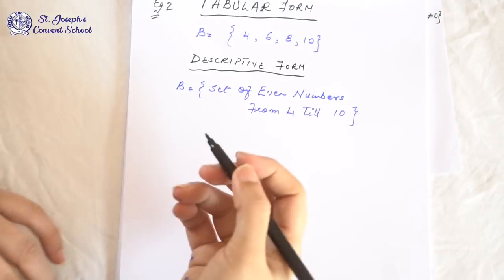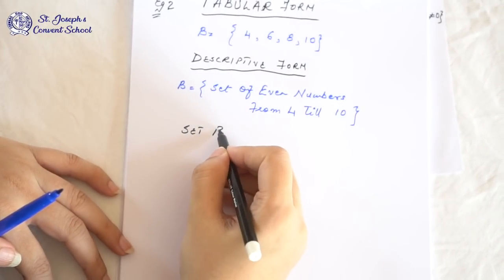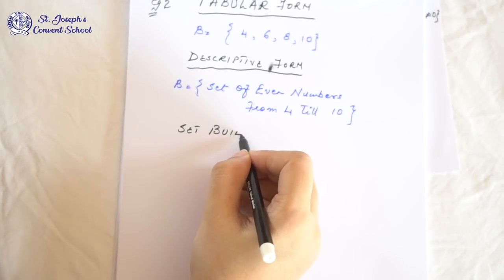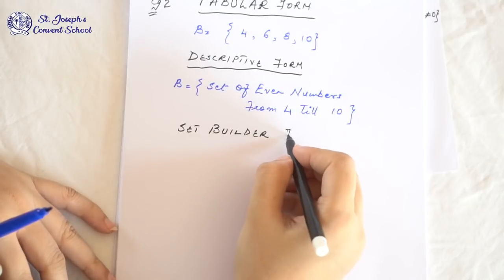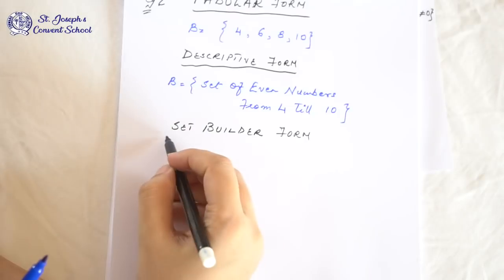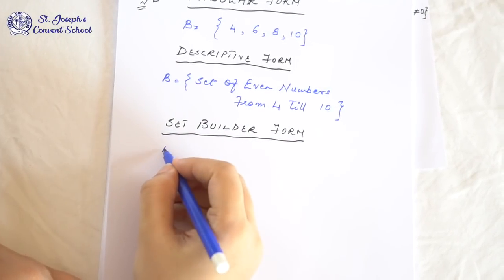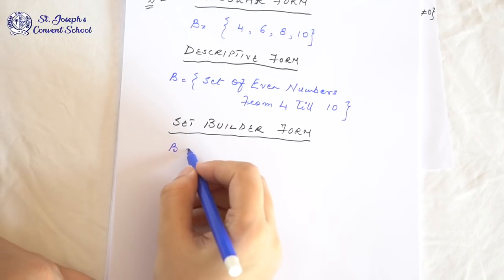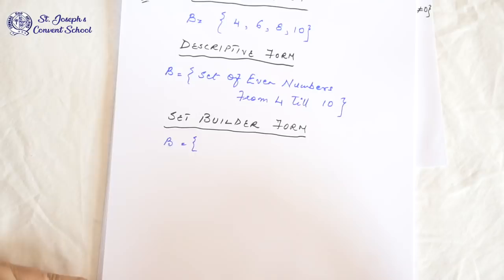Now how to write in notation form? Set builder form. In set builder form, we use notations. How are we going to write the same set? Suppose all these elements are x, you can suppose them as y also. It's up to you.